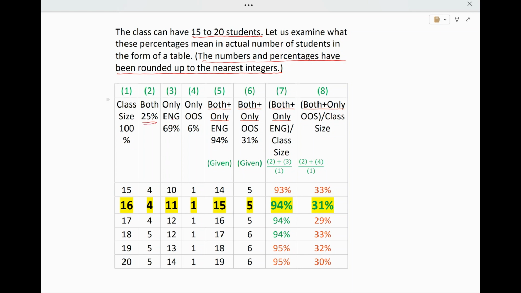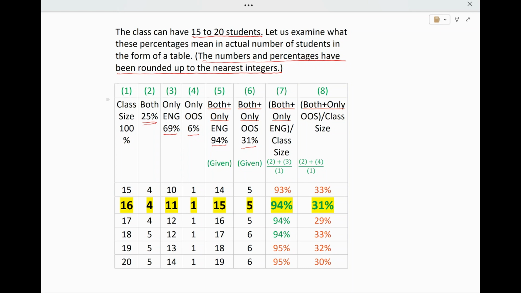The third column shows only engineering, that is 69%, and the fourth column shows only OOS, which is 6%. Therefore, both and only engineering is 94%, and both plus only OOS is 31%.